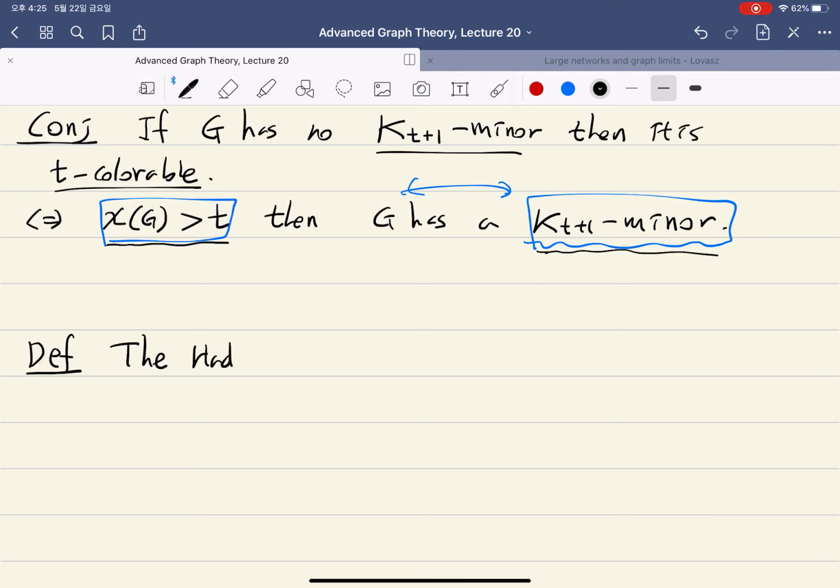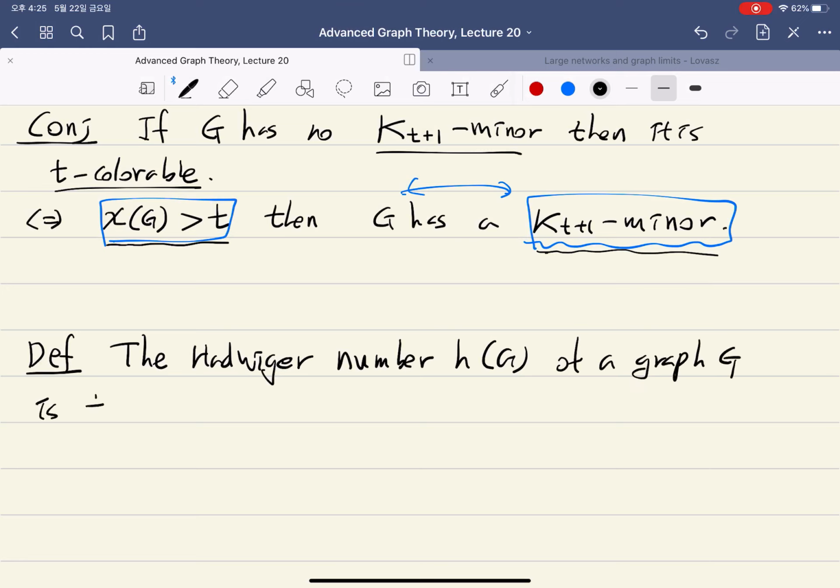Let's say the Hadwiger number h(G) of a graph G is the maximum m such that G has a K_m minor.